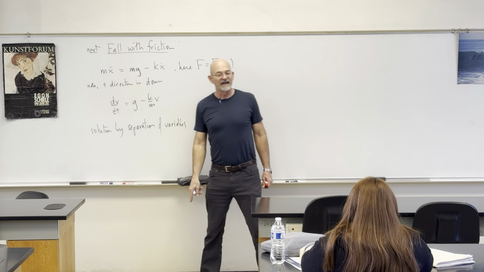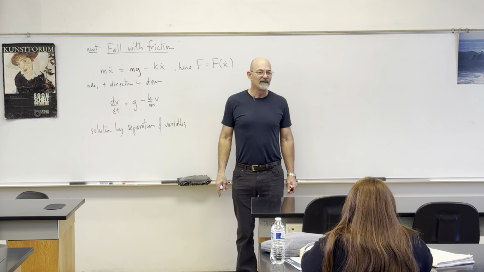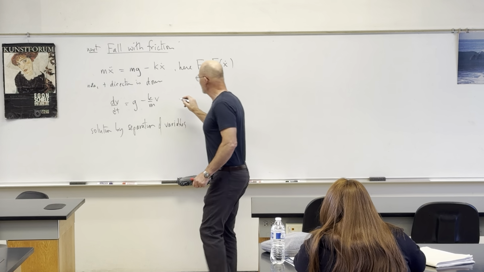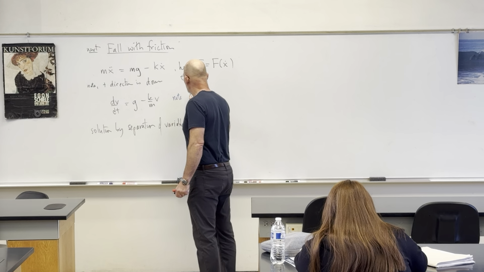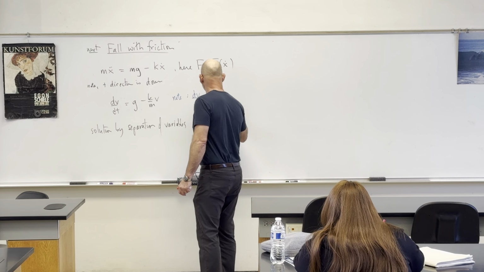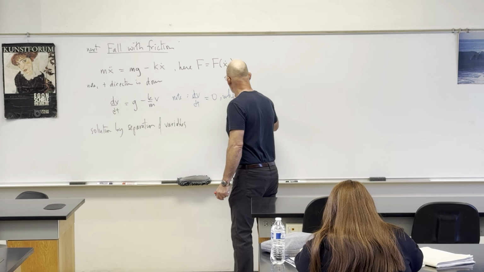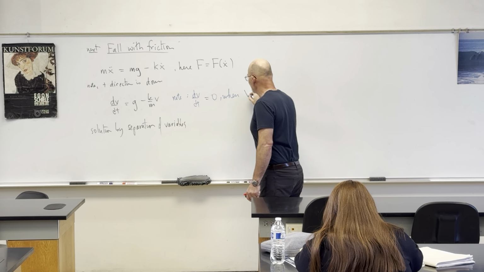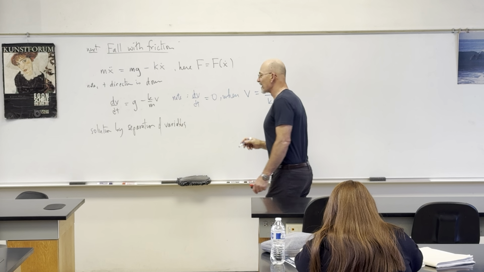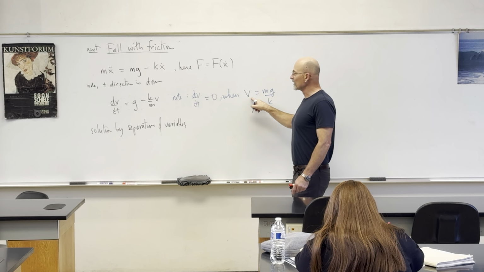That's another way of saying there's a terminal velocity involved in this problem. So I'll put that as a note: dv dt equals 0 when v equals mg divided by k. And that would be the terminal speed.